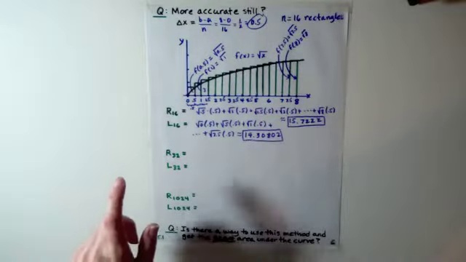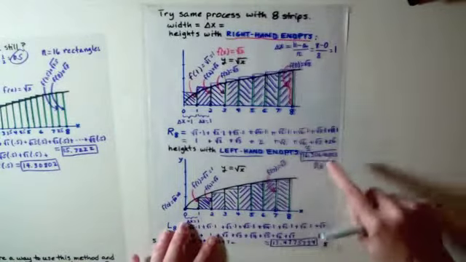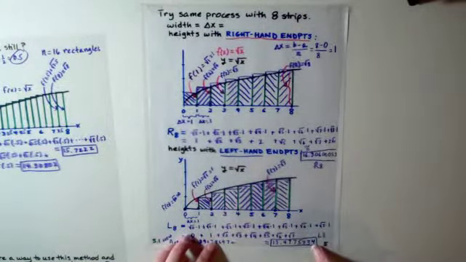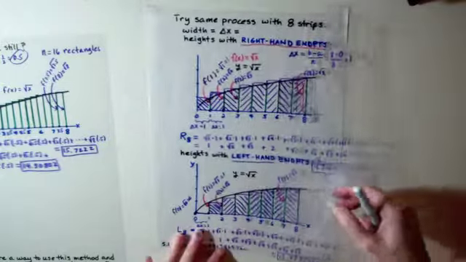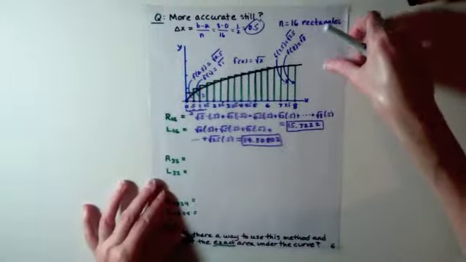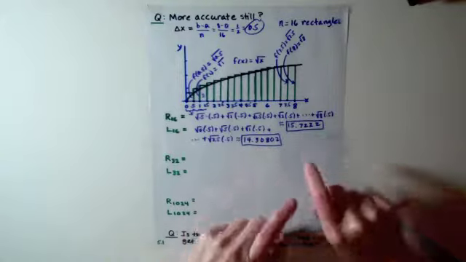If we compare it to what we had with R8 and L8, R8 was 16.3 and L8 was 13.4, so those are about 3 units apart, whereas these are only less than a unit and a half apart. So these are quite a bit closer to each other.